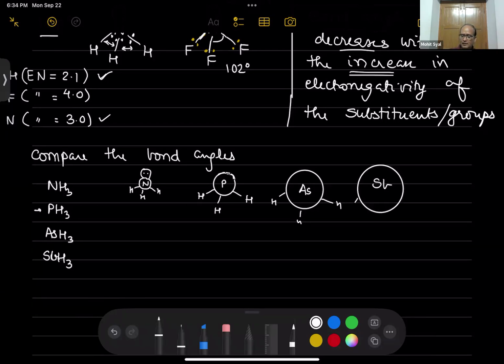The groups are the same. What will happen to the bond angle? Suppose you have a small atom, then a bigger atom, bigger, bigger, with the same hydrogens. Is there going to be more repulsion or less repulsion between the hydrogens?